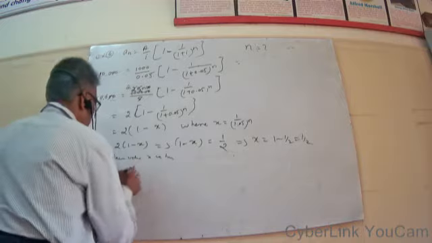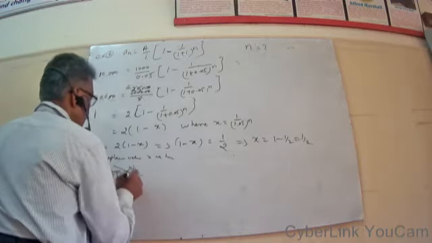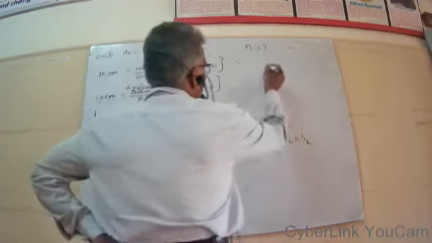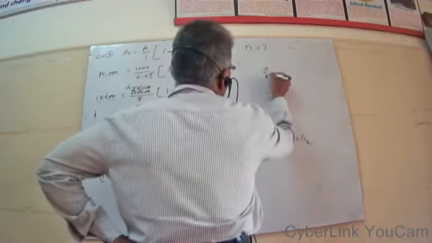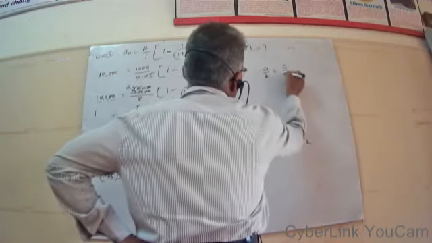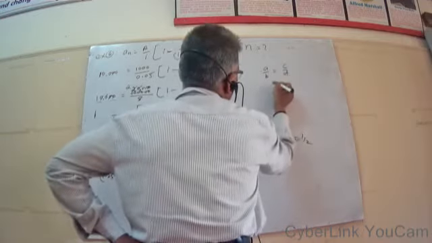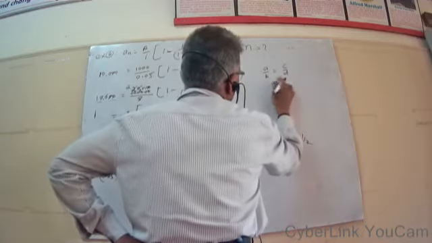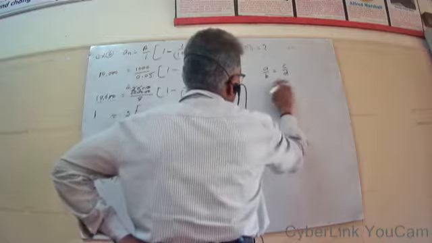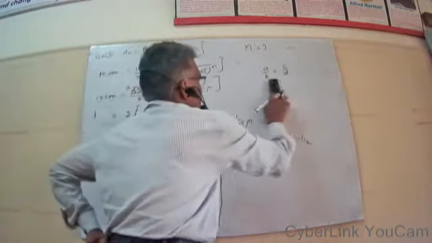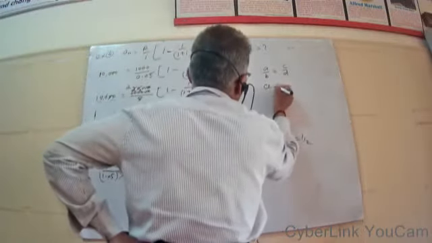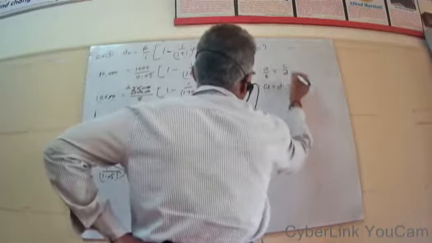The rule is: a divided by b equal to c divided by d, according to the mathematical rule, a into d equal to b into c.